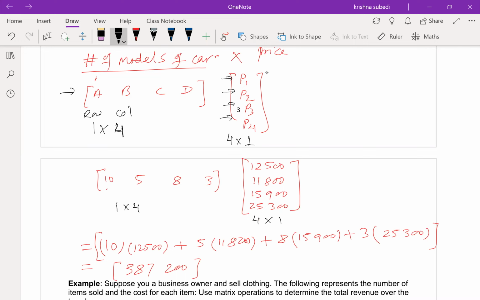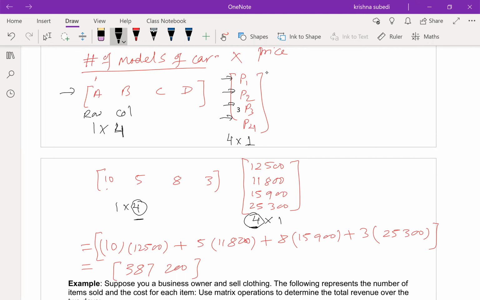Now, one very important point to remember here. Listen very carefully. The matrix multiplication is possible because this one and this one are equal. The column of the first and the row of the second, if they are equal, then only the matrix multiplication exists. So there is a theorem.